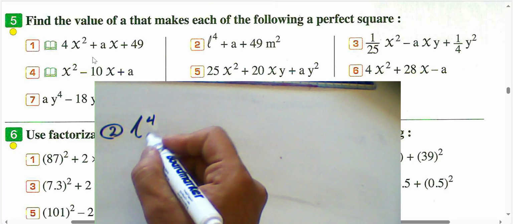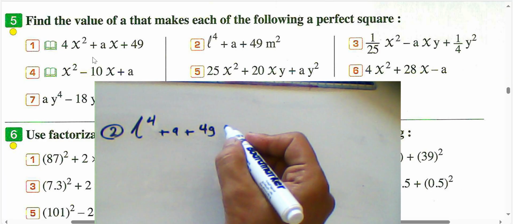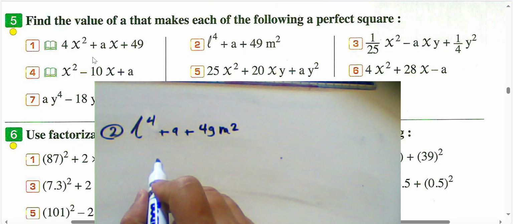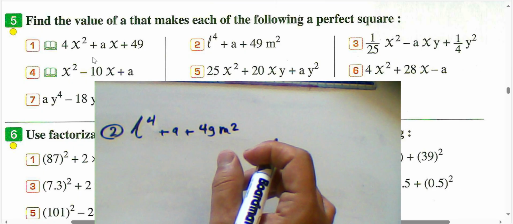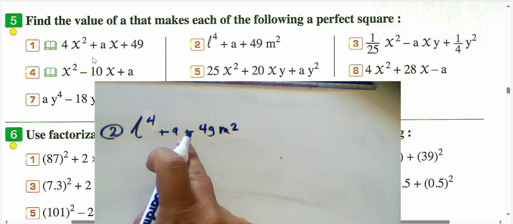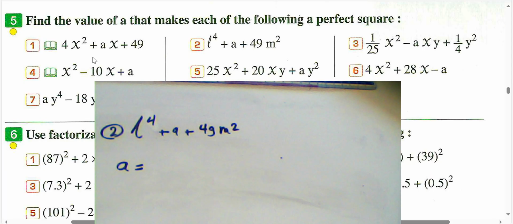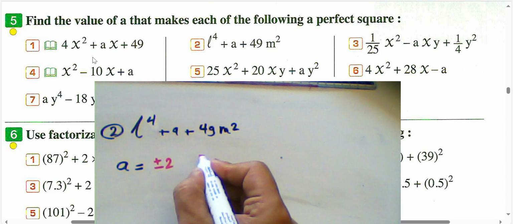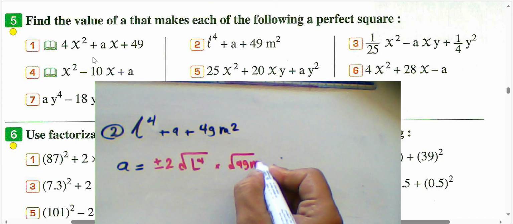Okay, focus with me. The expression is (something) power 4 plus A plus 49 m power 2. This expression, he tells me in the example, is a perfect square. We can find the value of A. A here lies in the middle. Then the value of A equals positive or negative 2 product by the square root of the first times the square root of the third.